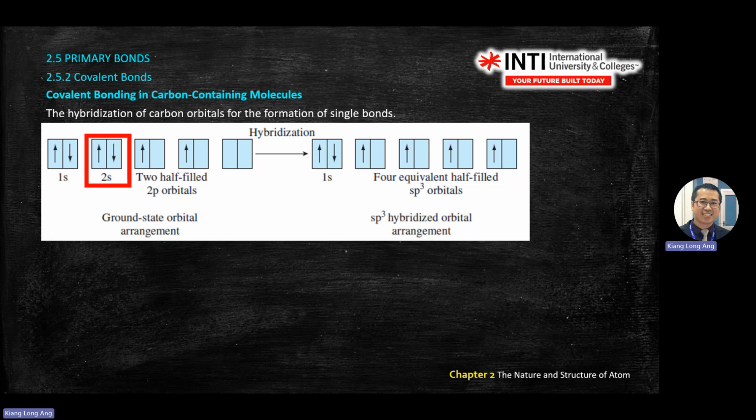So the arrow in the S will be 1, and then p1, p1, p1, so sp3. So we have four atoms to share. So you combine with another carbon, so you form 4 covalent bonds. Okay. So ground state to hybridization.